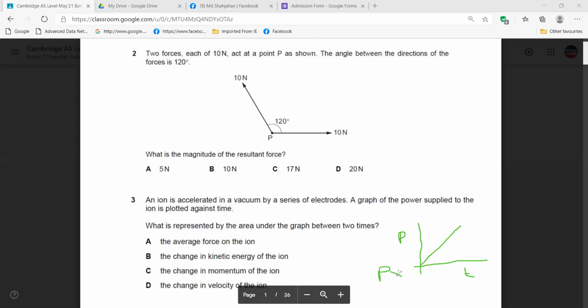Yes, sir. So you write this formula, E equals P into T. So our answer will be B, right? Because only B is showing you the energy, kinetic energy. Yes, sir. Let me write it down, sir.